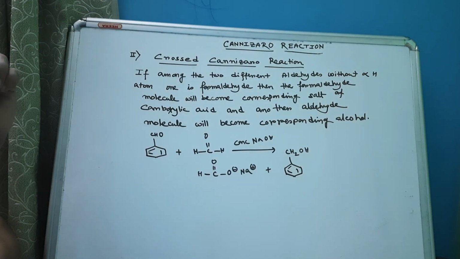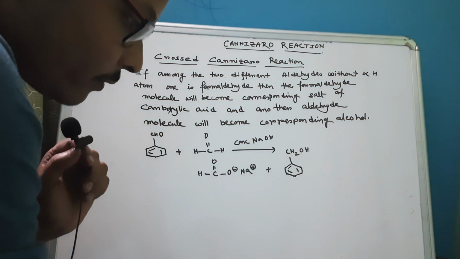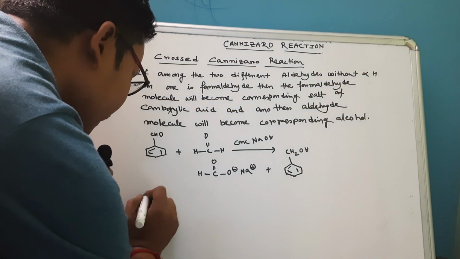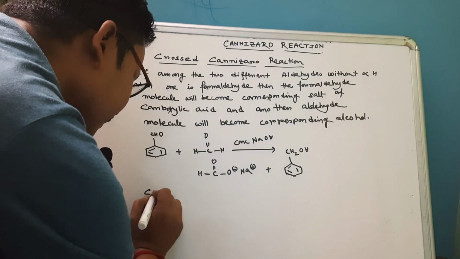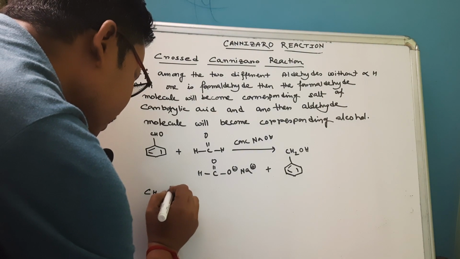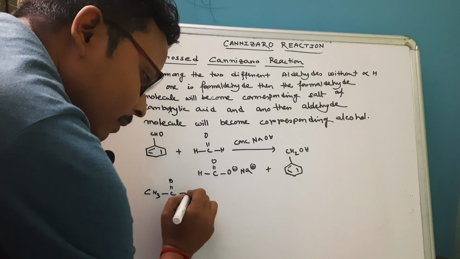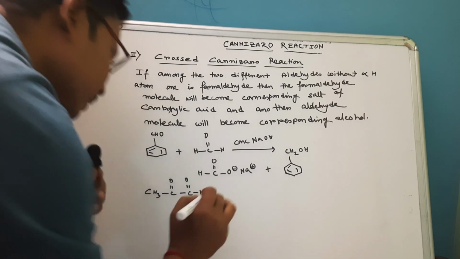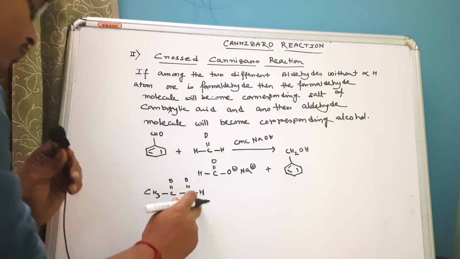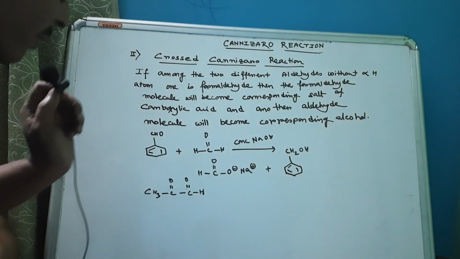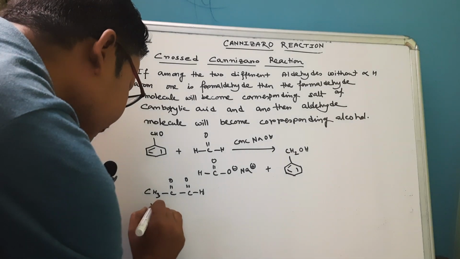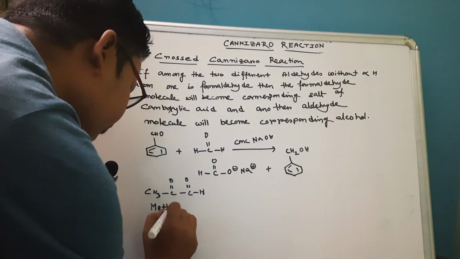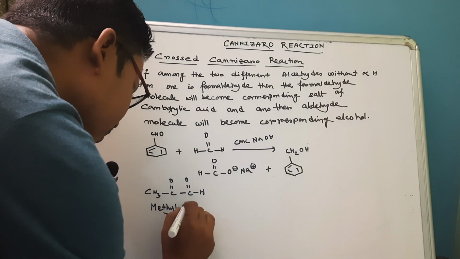Okay. So my dear friends, another example: CH3 CO CHO. Here the keto group and aldehyde group are present, and this is called methyl glyoxal.